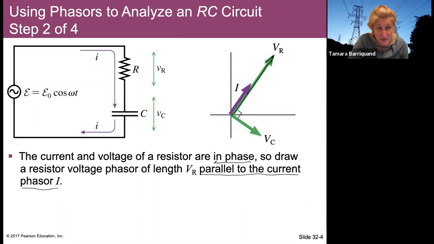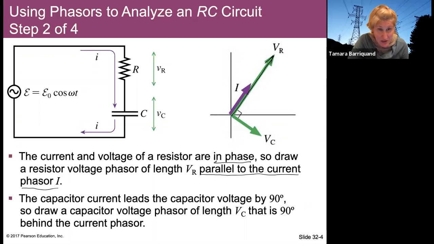The capacitor voltage, however, is not in phase with the current. The capacitor current leads the capacitor voltage by 90 degrees. So we want to draw the capacitor voltage 90 degrees behind the current phasor.